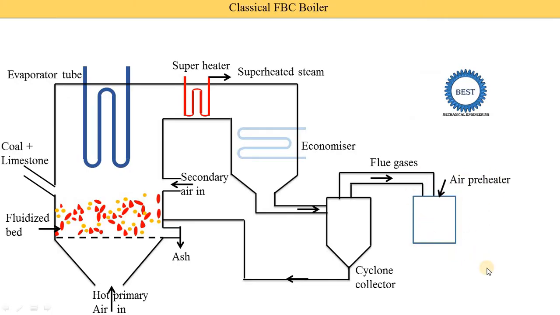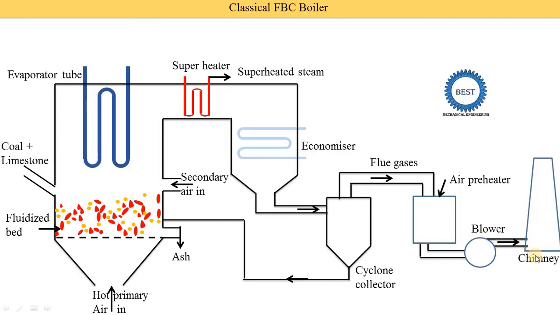In the air preheaters the temperature of the air is increased, and then it is supplied here, into the hot primary air in. Then the flue gases come out of this boiler and are supplied to the chimney, and from the chimney to the atmosphere. So this is the basic construction of the classical FBC boiler.